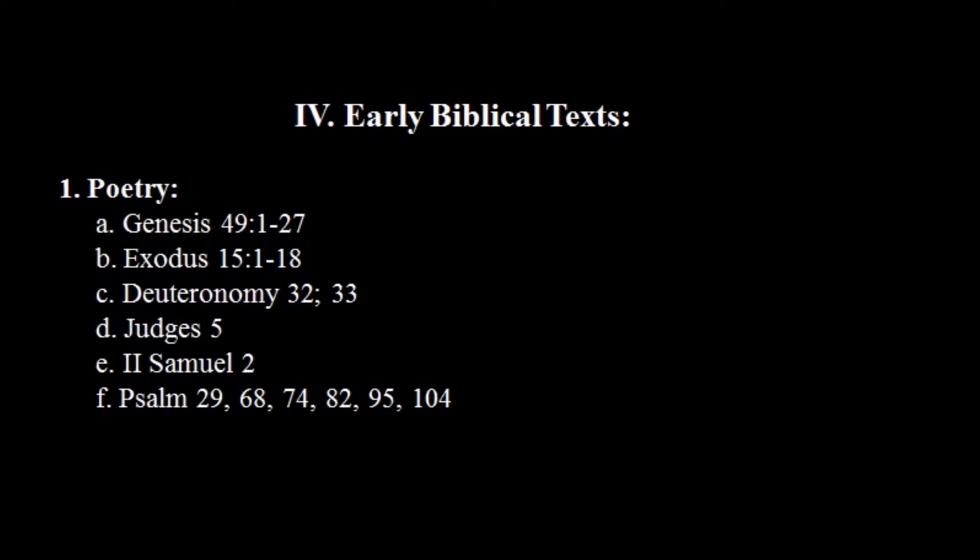So let's take a quick look at that just so you can see. Actually, why did I say 2 Samuel 2? That's a mistake. Well, actually, that's not a mistake. That's an old poem too. That's David's eulogy for Saul and Jonathan.